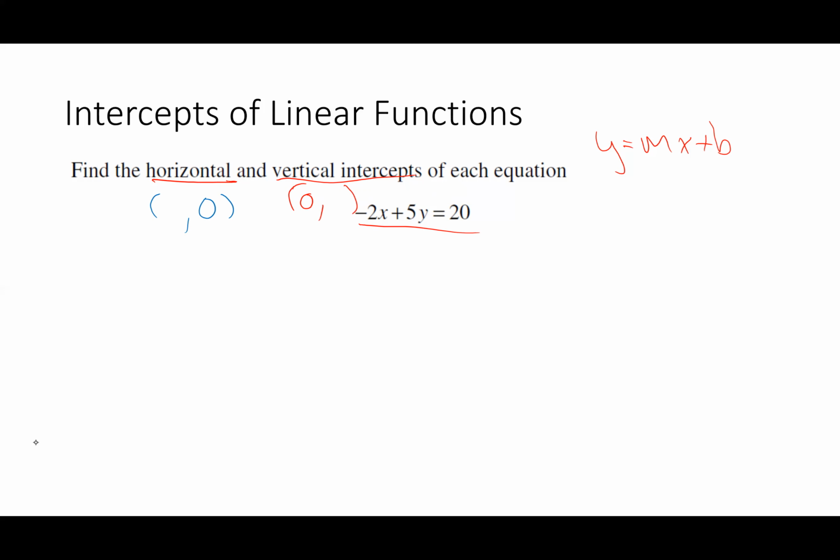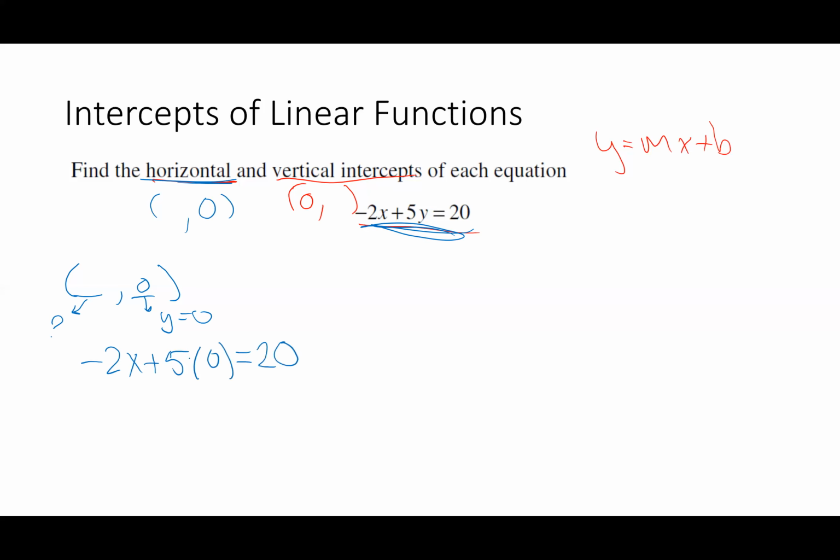So let's start by finding the horizontal intercept just for familiarity's sake. So what I know here is the y value is equal to 0, and I need to find the x value. So I'm just going to go ahead and plug my y value of 0 into this equation and solve for x.